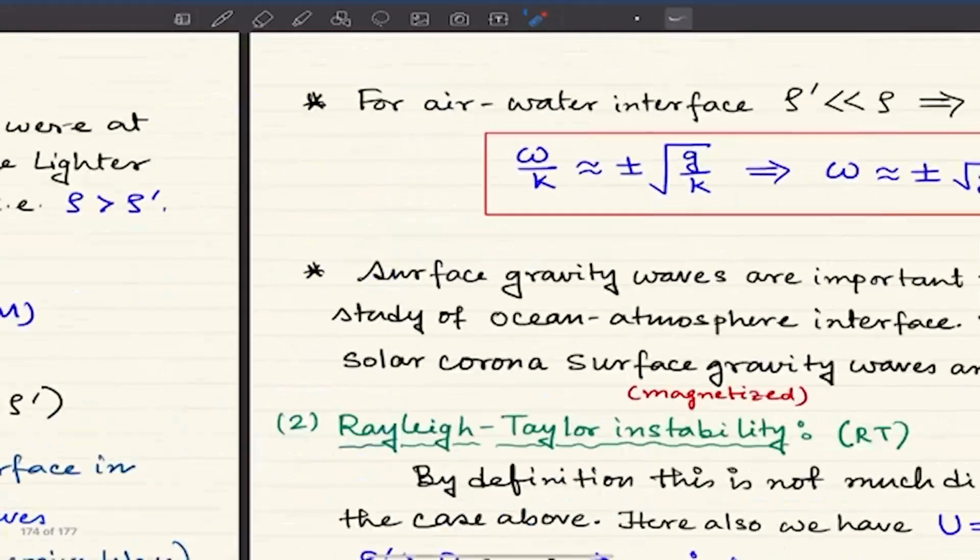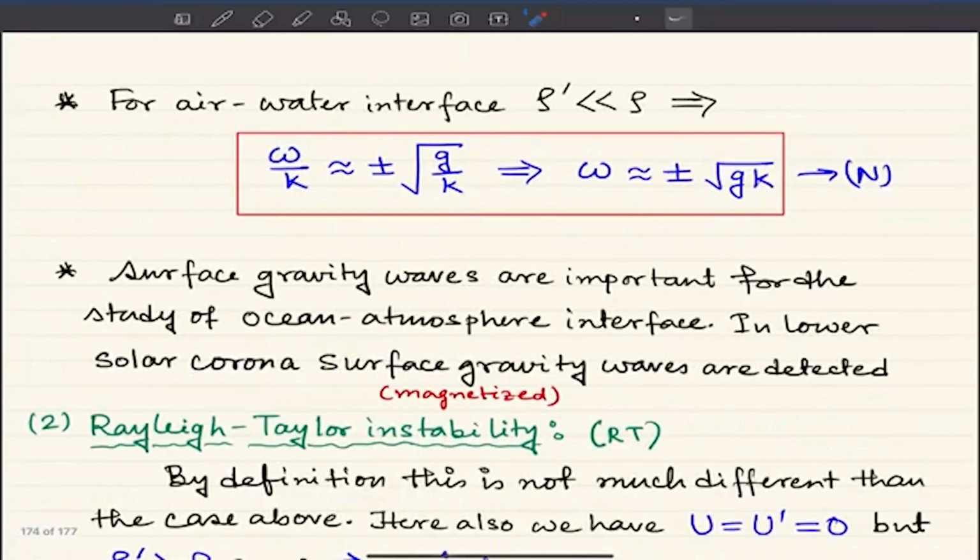Now, if we consider a very special case, it is always good to check the limits. For example, an air-water interface, where rho prime is very much less than rho. The density of air is very much less than the density of water. Air is compressible, but it is fairly incompressible with respect to other gaseous things.